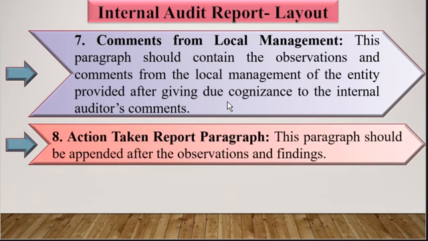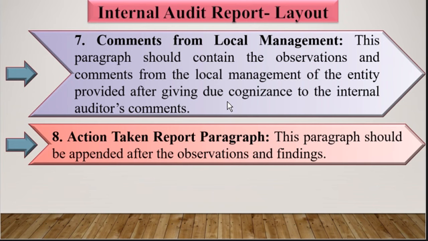Next is action taken report paragraph. The action taken report paragraph should be appended after the observations and findings and should include status of compliance or corrective action already taken or being taken by the auditee with respect to previous internal audit observations.